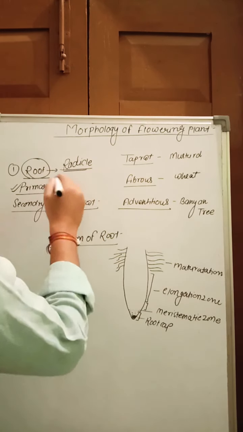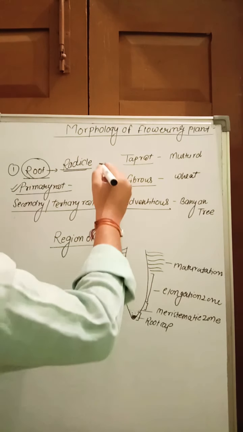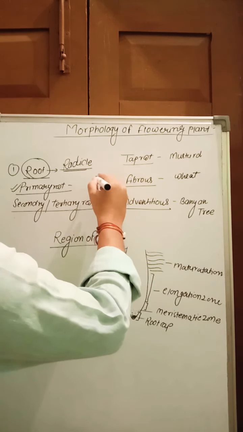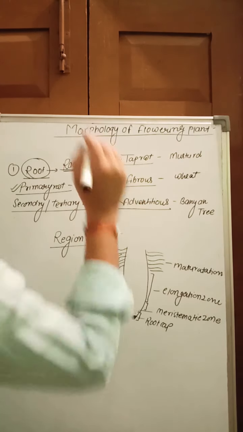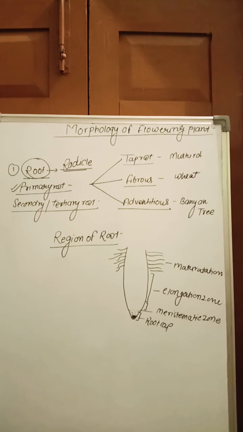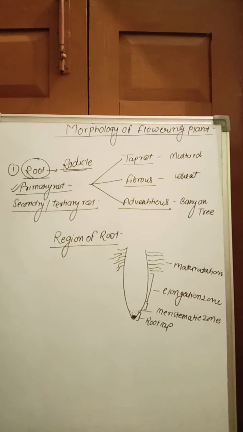When the primary root and its branches develop, they form root systems called the taproot system, fibrous root system, and adventitious root system. Taproot is present in mustard.